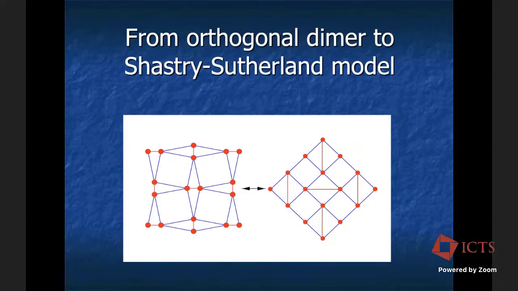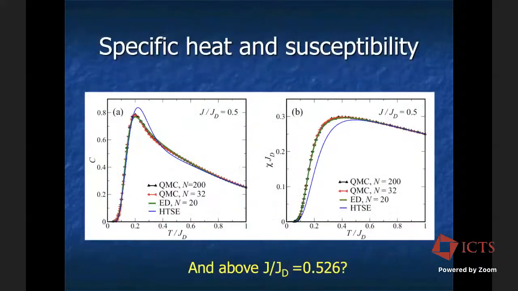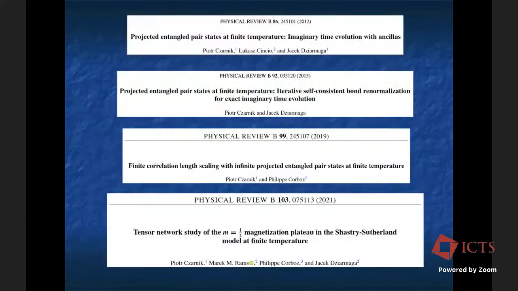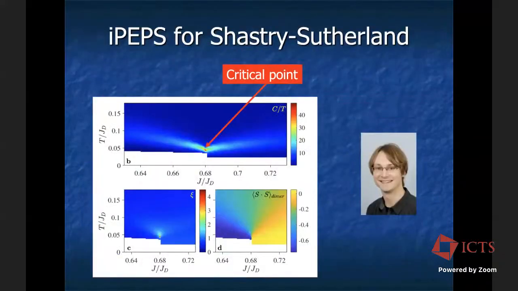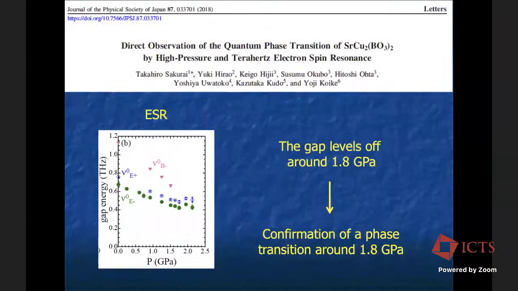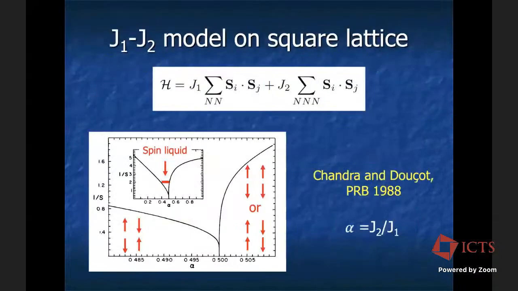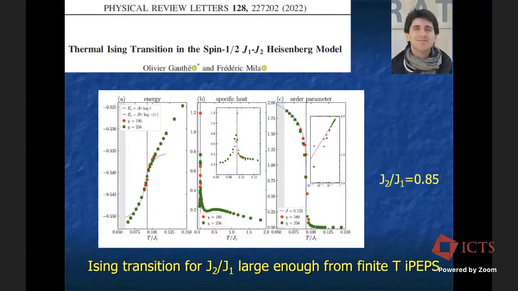Very nice talk, Frederic, with many things. I would like to ask you a question about the J1, J2, the last part of your talk. So you find this Ising transition at large J2. What do you expect regarding the high temperature phase?